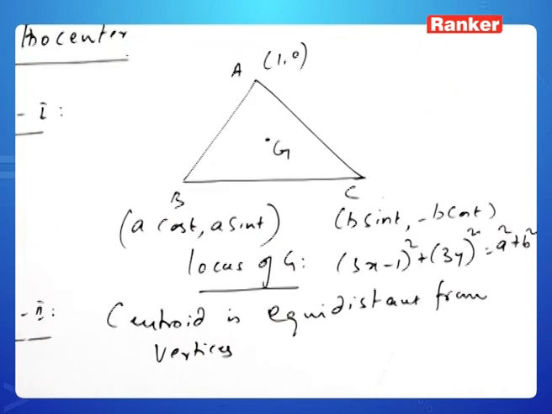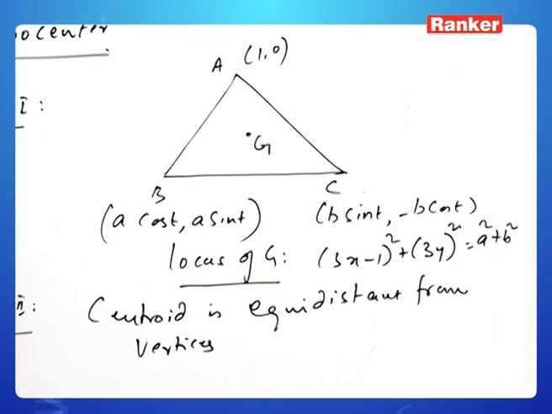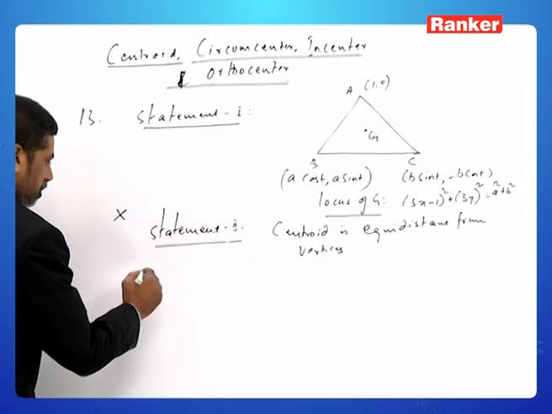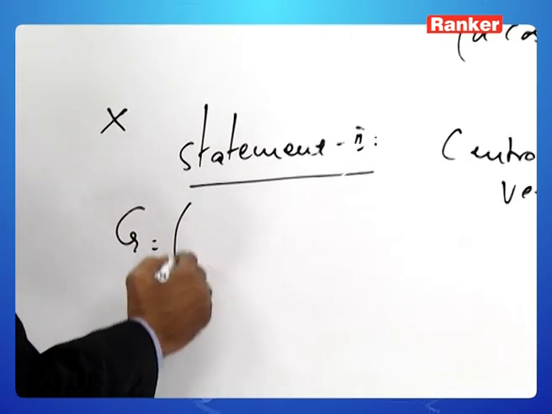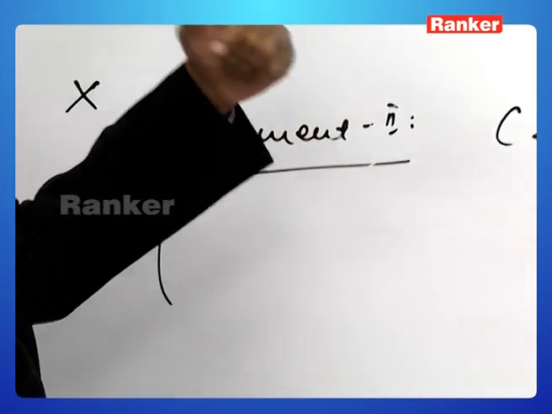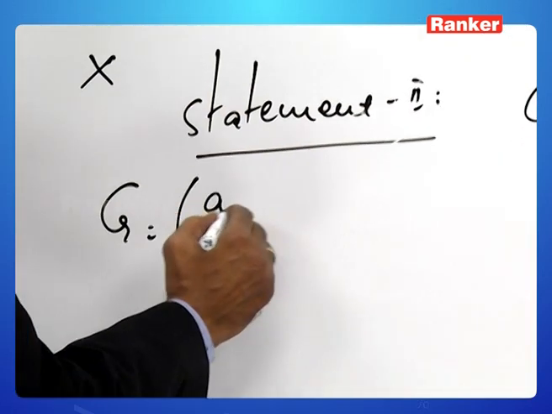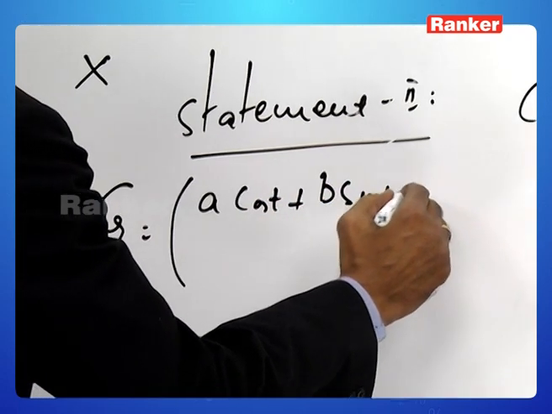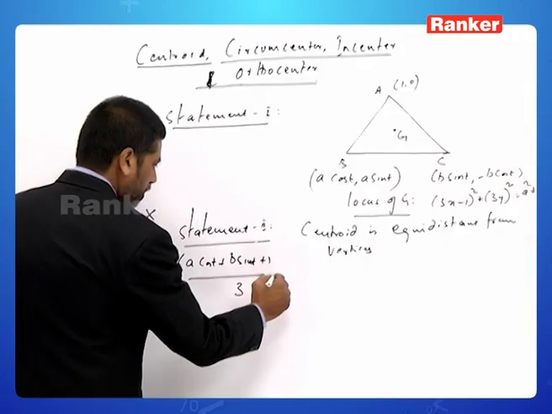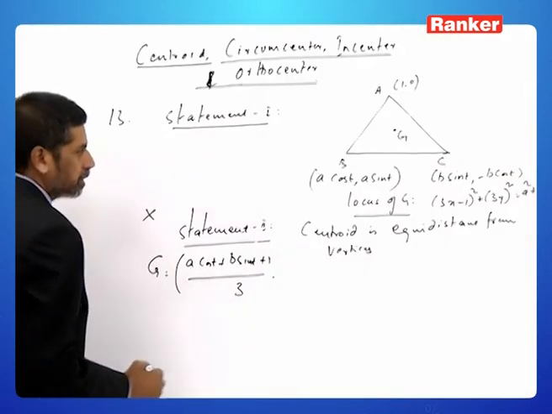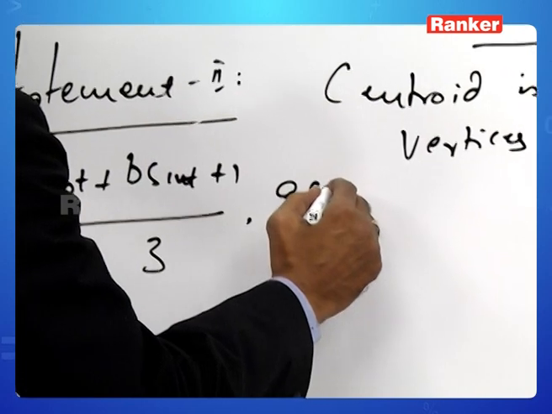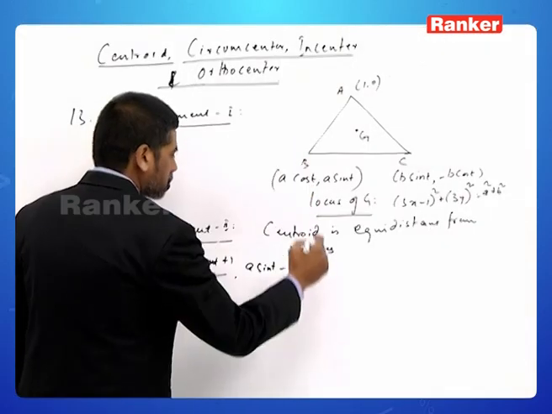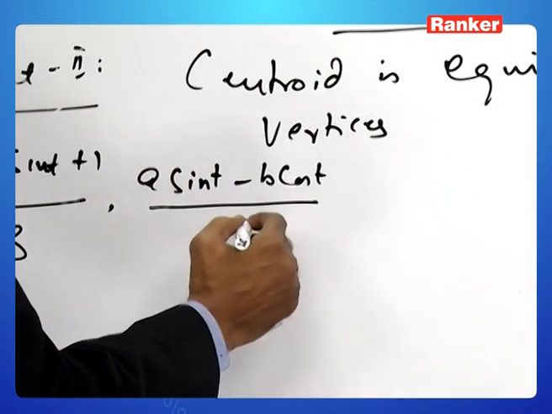So first what we do is compute the centroid. Of course, the centroid will turn out to be in terms of the parameter t. So G is equal to (x1 + x2 + x3)/3, so (a cos t + b sin t + 1)/3, and then (a sin t - b cos t + 0)/3.